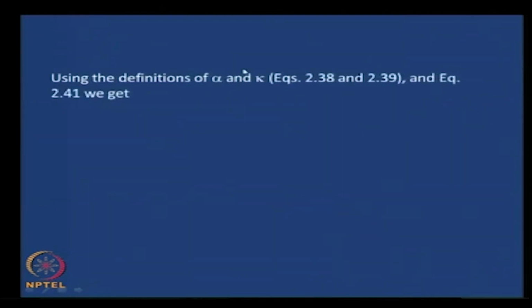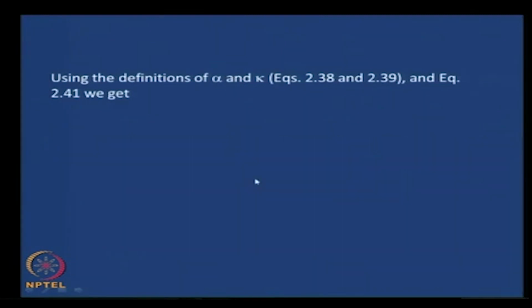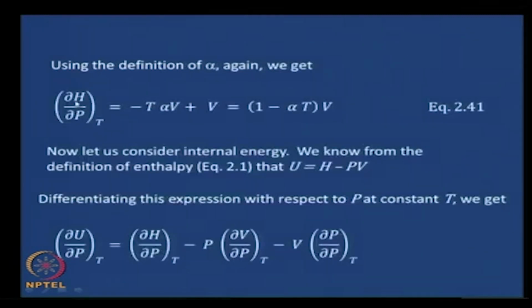Now, if we use the definitions of alpha and kappa, we can write dou U dou P at constant T, and we have already seen what the first one was, 1 minus alpha T into V. This dou H dou P at constant T is 1 minus alpha T into V, and this P dou V dou P at constant T is nothing but related to the definition of kappa, and this of course is 1.